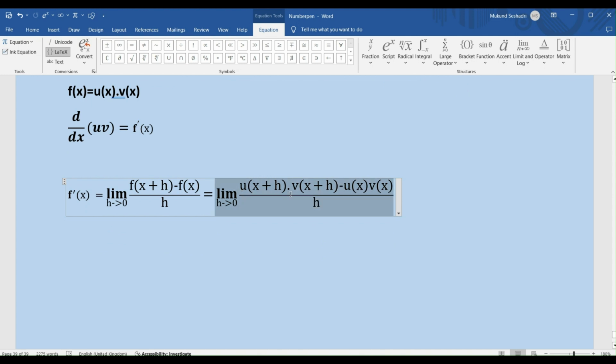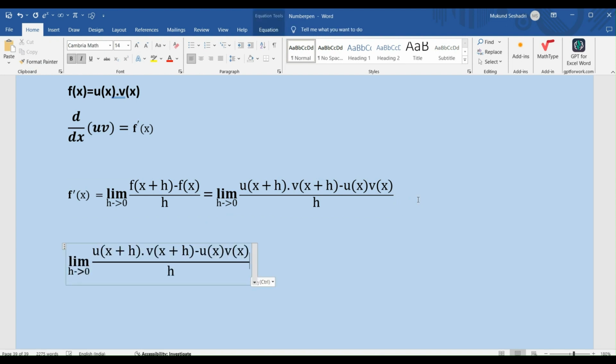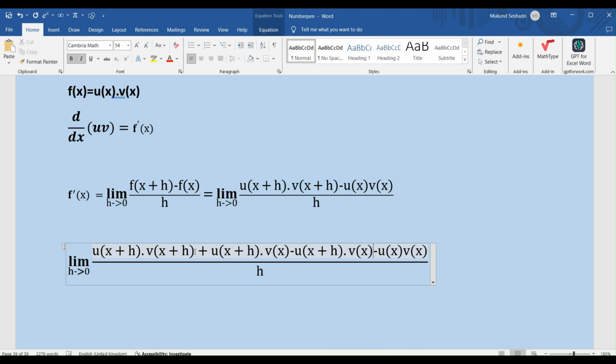I'm going to move to the next line. And all that I'm going to do is, let's try this out and let's see if it works. u of x plus h dot v of x. And then again, I subtract the same expression because it doesn't change my expression, right? So what is it that I've done?